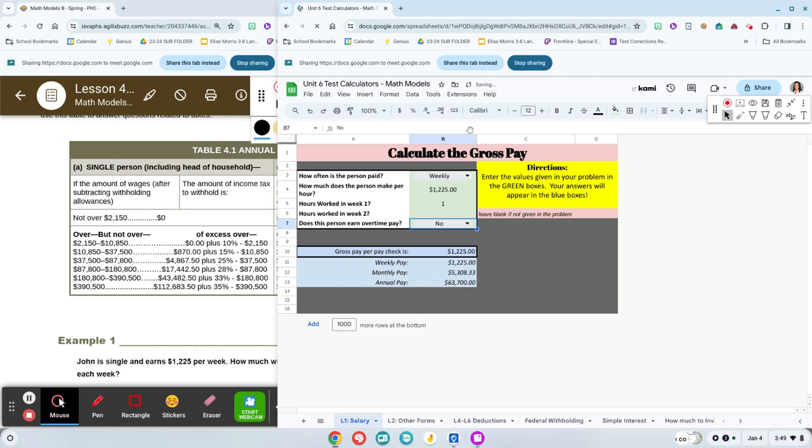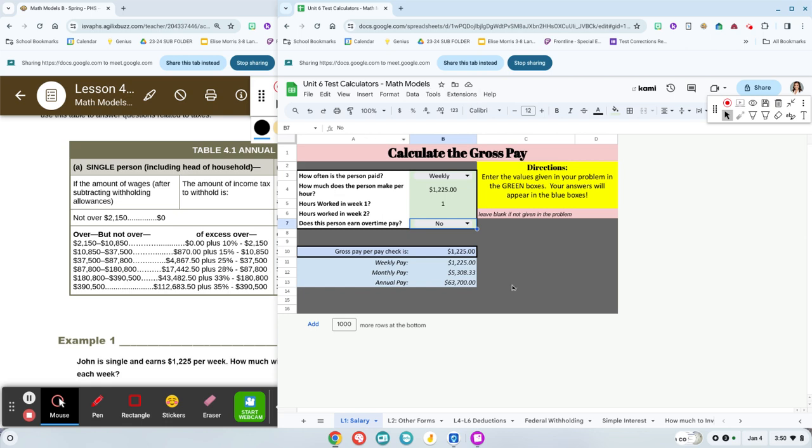So you see how we can kind of use this. It says, how much does he make per hour? Well, we don't know that, but if we put that the hour is 1 hour that week and it's $12.25, then this will work. It gives us weekly, monthly, and annually. So you can check that you entered it correctly by looking at weekly pay and making sure that it matches the problem.